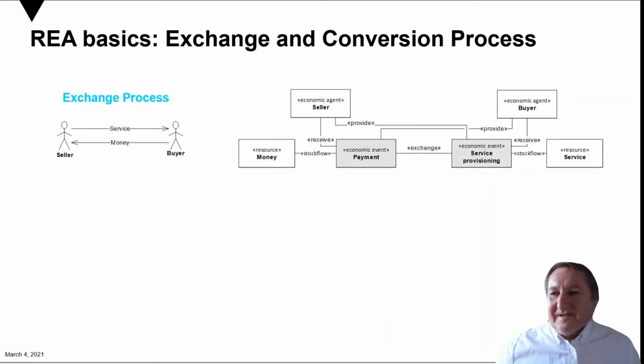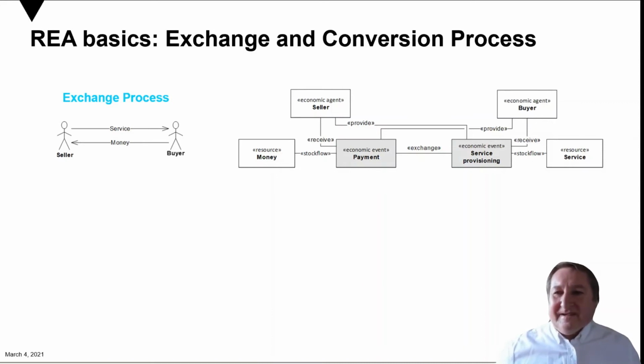The exchange process, where a buyer and seller can exchange something of value. Buyer and seller are called economic agents. The things they are exchanging are called economic resources, and the actual transaction, when that economic resource changes ownership or possession from one agent to another, is called an economic event.